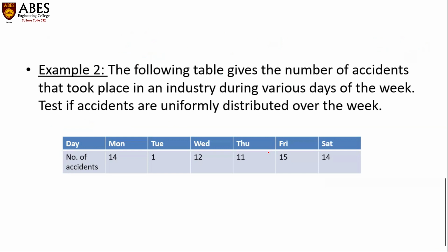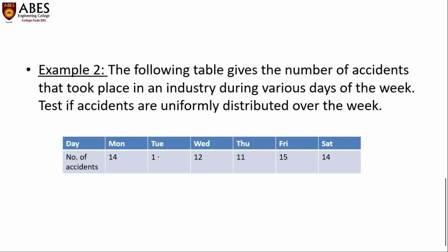Let us take another example, which says that the following table gives the number of accidents that took place in an industry during various days of the week. Test if the accidents are uniformly distributed over the week. All right.